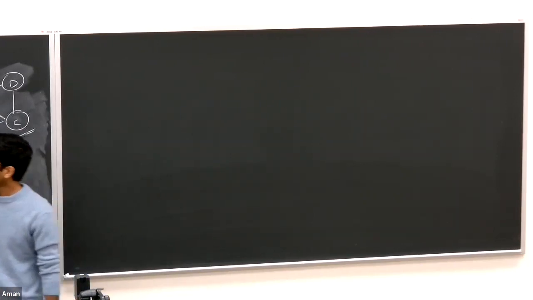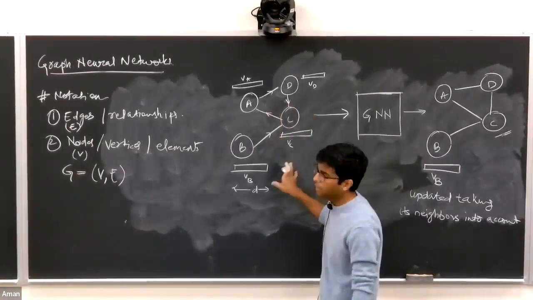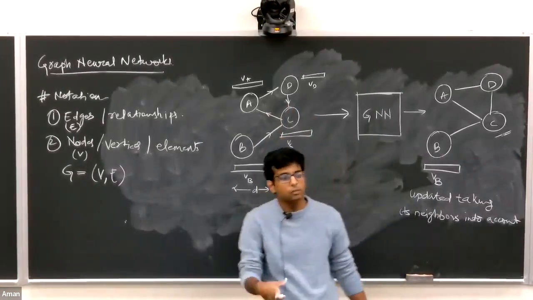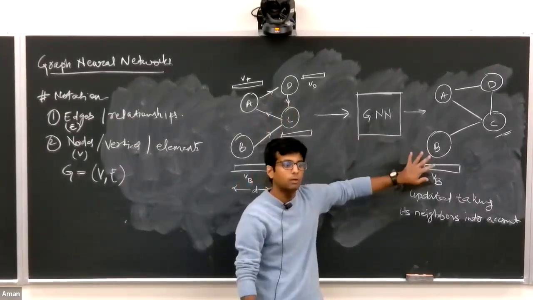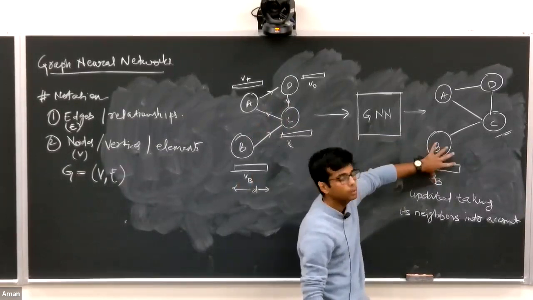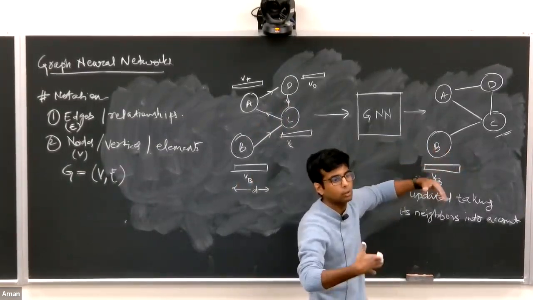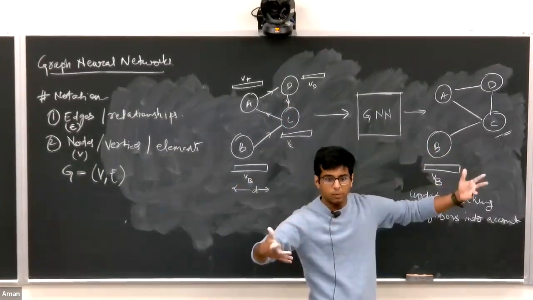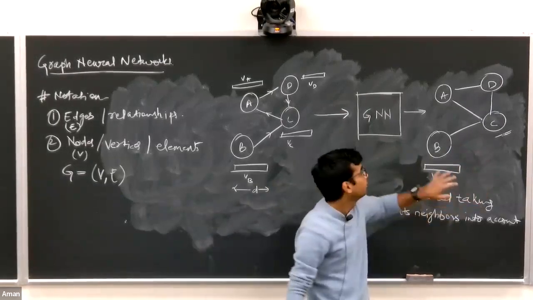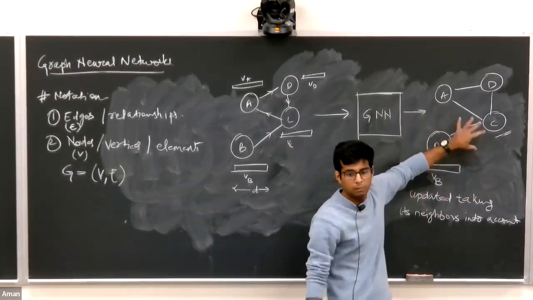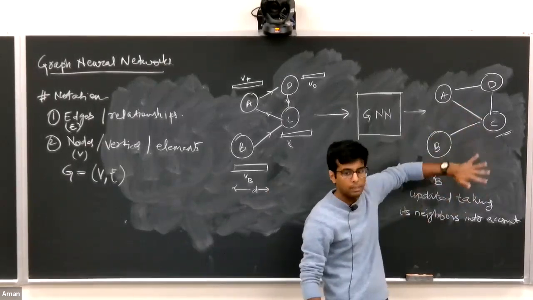Initially, when these vectors are randomly initialized, they do not have any information about the overall graph. But once you do these graph neural network updates, all of these vectors will become increasingly aware of their neighbors and of the overall graph by extension, because each node will be updated by its neighbors, and that will keep happening again and again.